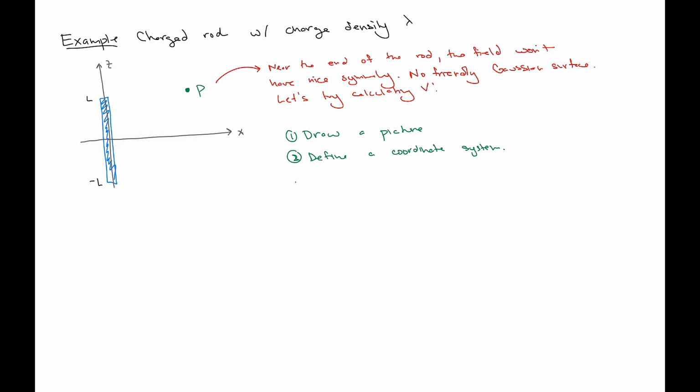In this case, we are given a linear charge density. So that basically tells us we need a line integral. We are going to use this version of our integral that allows us to calculate the potential from our charged object.